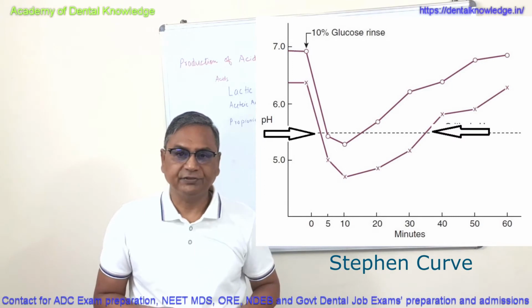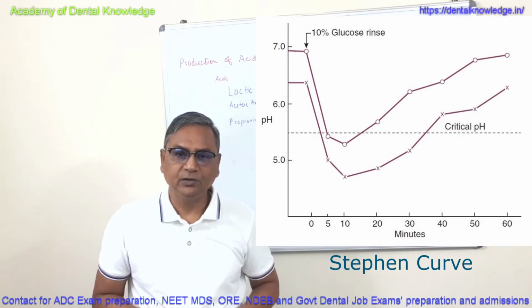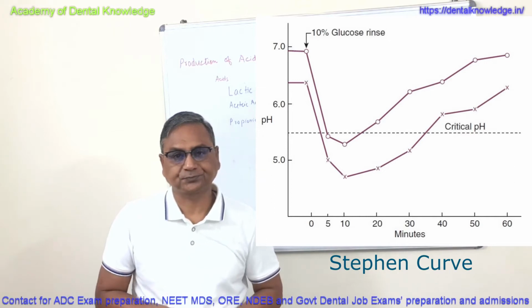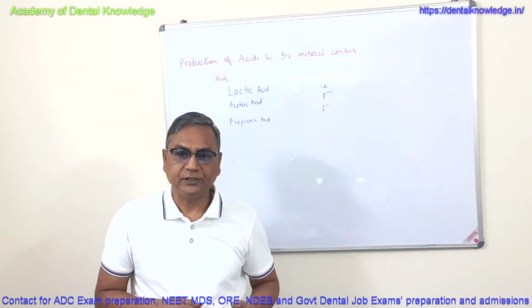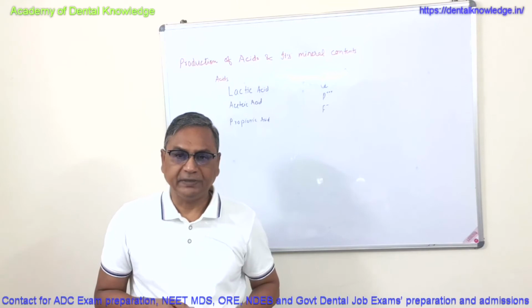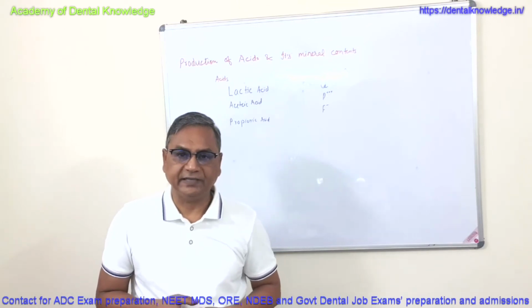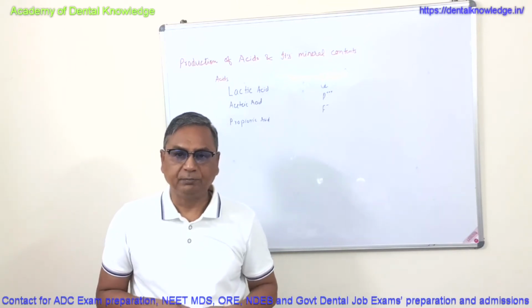For the next 15 to 20 minutes, the pH value is remaining at a level which is more favorable for decalcification of the tooth enamel or caries initiation. The gradual return of the pH to baseline values is a result of acids diffusing out of the plaque.